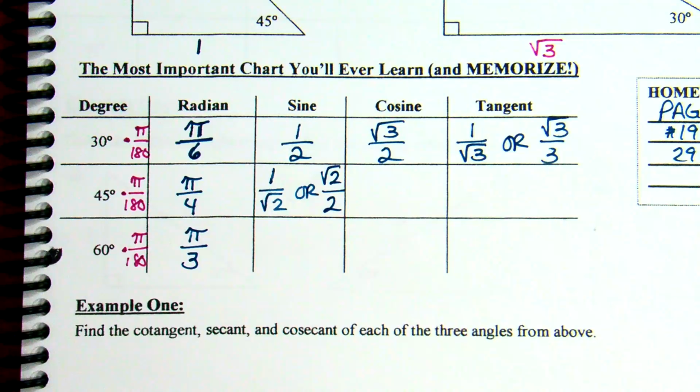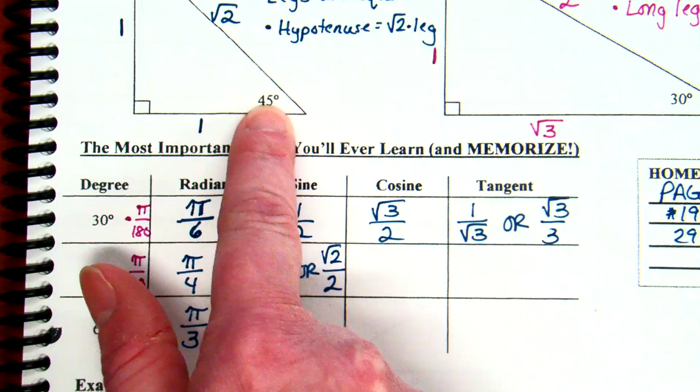What about cosine of 45? Adjacent over hypotenuse, which is also 1 over square root of 2. Or, instead of 1 over square root of 2, you can say square root of 2 over 2.